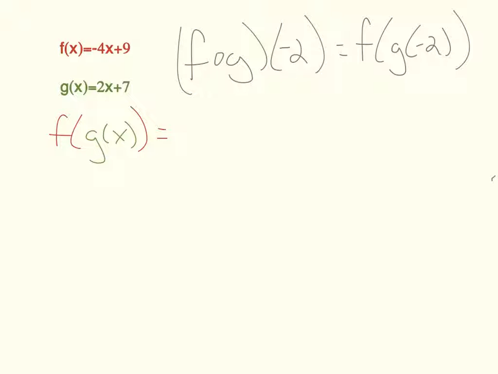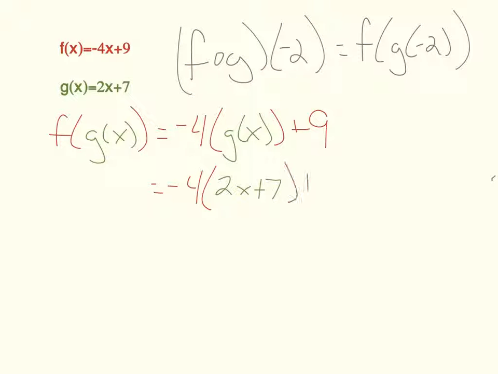Our f rule says negative 4 times whatever we're looking for, in this case g of x, plus 9. So that's going to be negative 4 times 2x plus 7 plus 9. So that gives us negative 8x minus 28 plus 9.